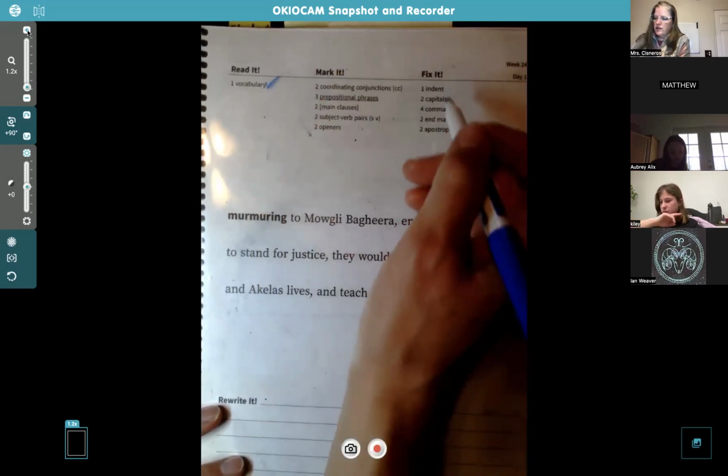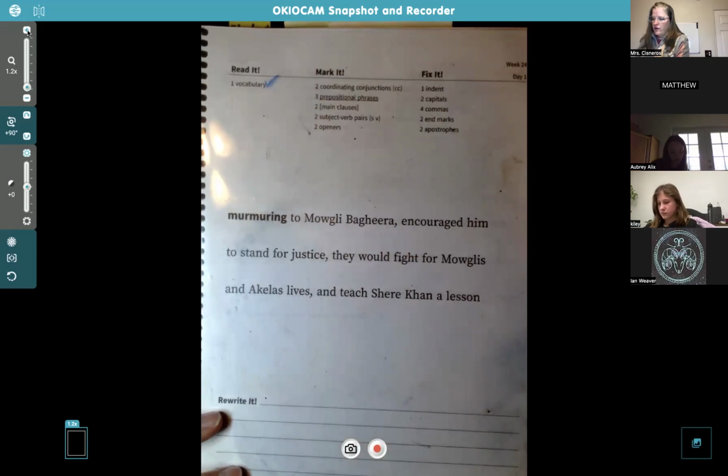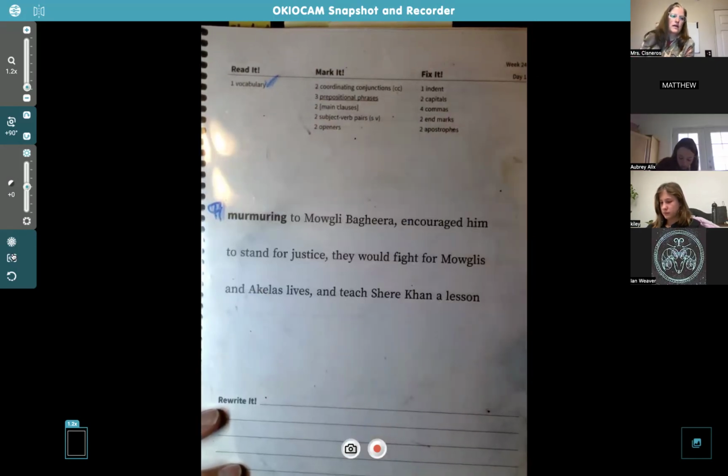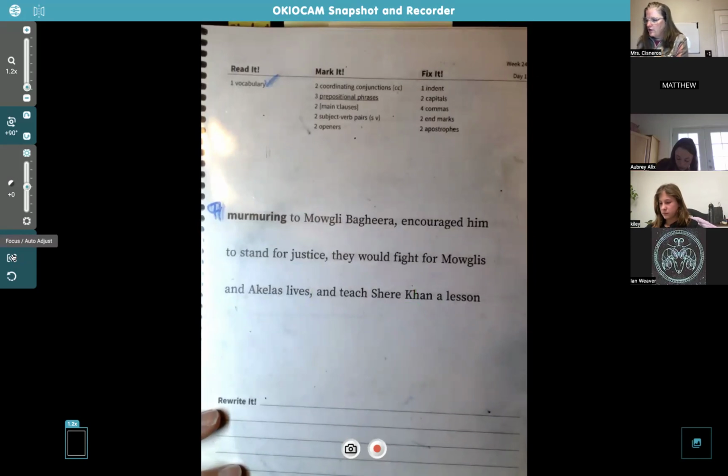I know sometimes you guys like to do the fix it column first. So let's see if we can get through some of those first. So indent, that's an easy one. Paragraph symbol here at the beginning. And then 2 capitals. Well, we have to figure out where the periods go first. Murmuring to Mowgli, Bagheera encouraged him to stand for justice.